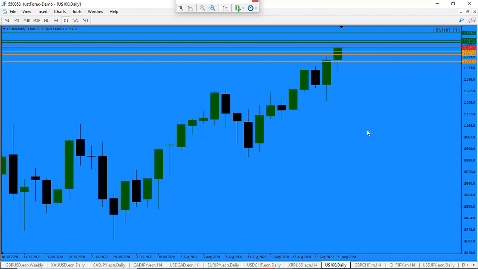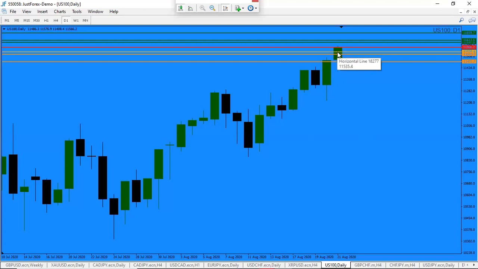As we are here on the daily chart, what you must observe again, we must check for the uptrend, whether it is still aligned. If you check on Thursday, we had this bullish candle, then this one is for Friday.